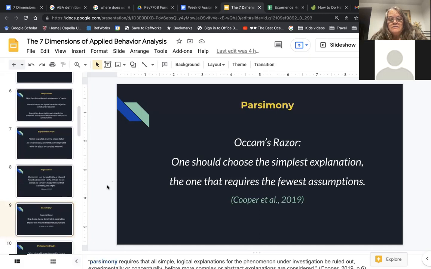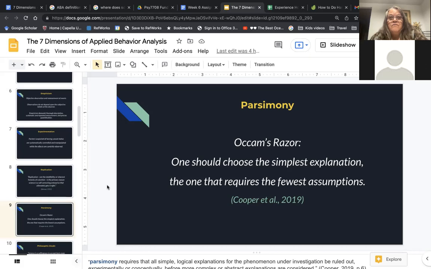Parsimony requires that all simple logical explanations for the phenomenon under investigation be ruled out, experimentally or conceptually, before more complex or abstract explanations are considered.